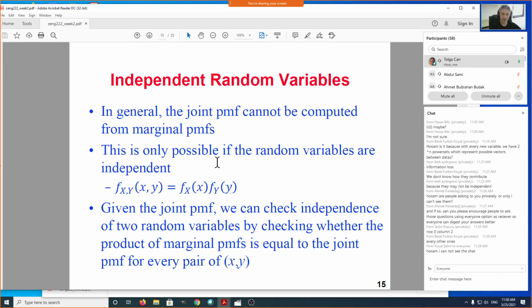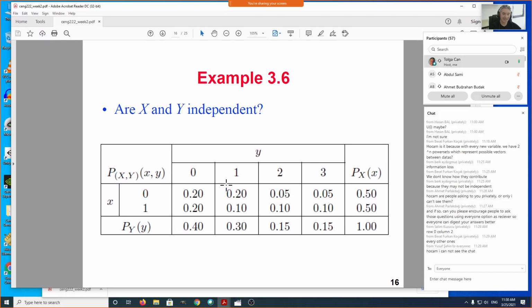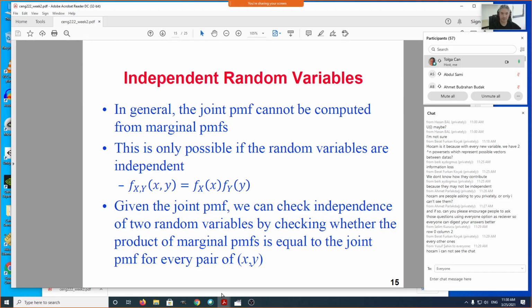Every entry on this table, there are 8 mutually exclusive and exhaustive events. X is equal to 0 and Y is equal to 0 is mutually exclusive with 0 and 1, 0 and 2, 0 and 3. So we can add the probabilities directly, because they are mutually exclusive of each other.